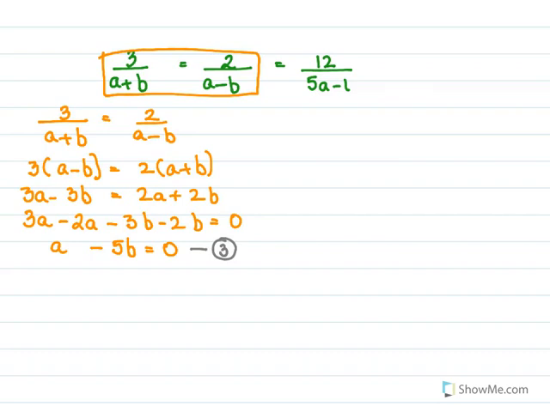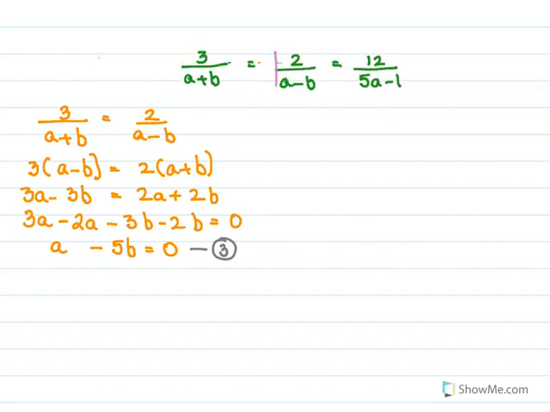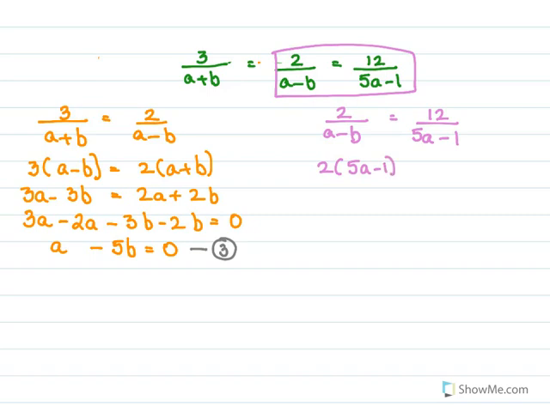Okay, now we take the other two parts, so we take now these two, which is 2 over a minus b equal to 12 over 5a minus 1. Cross multiply, 2 into 5a minus 1 equals 12 into a minus b.